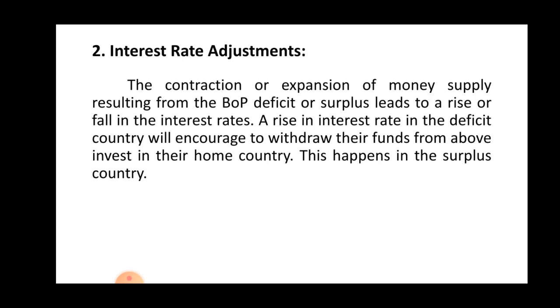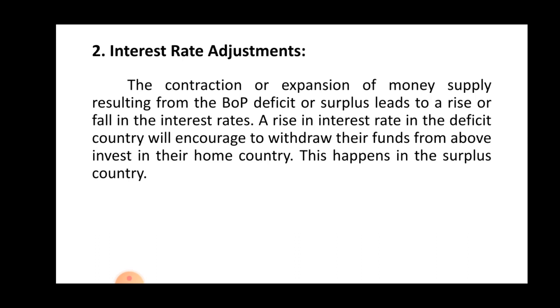The rise in the rate of interest in the deficit country will encourage investors to withdraw their funds from abroad and invest in their home country, and the opposite happens in the surplus country. Opposite means the rate of interest is reduced, so investors are encouraged to withdraw their funds, or activity is stopped in the surplus country.